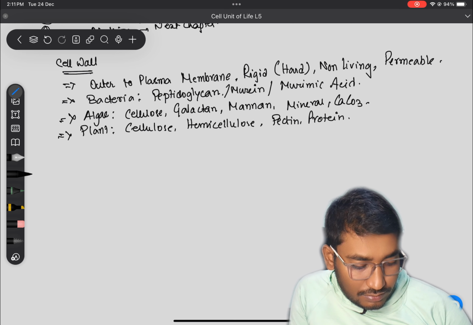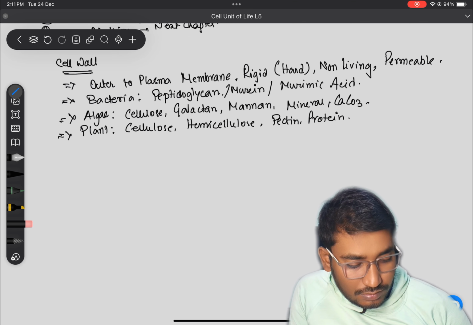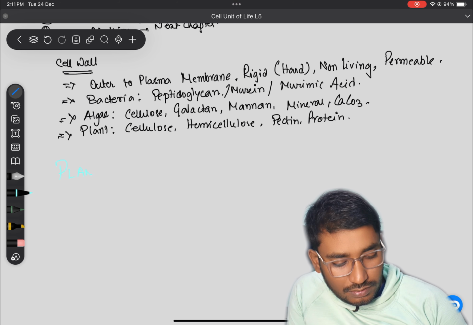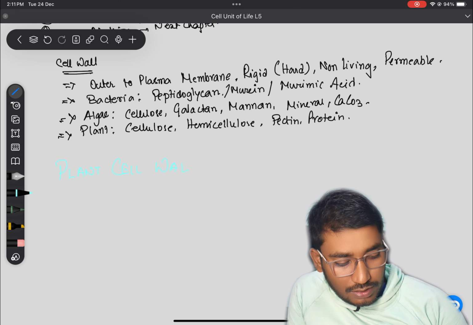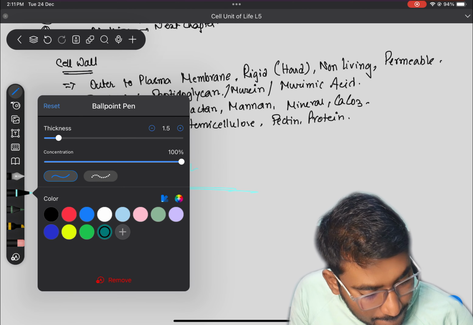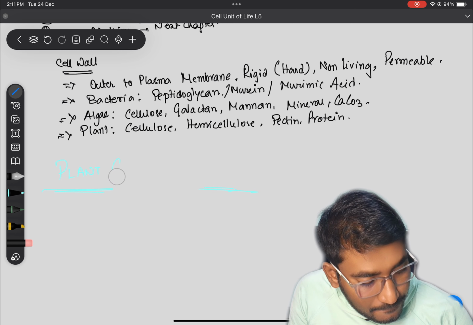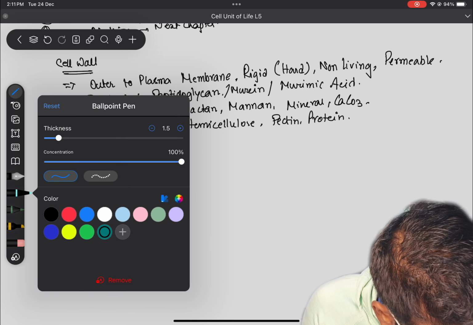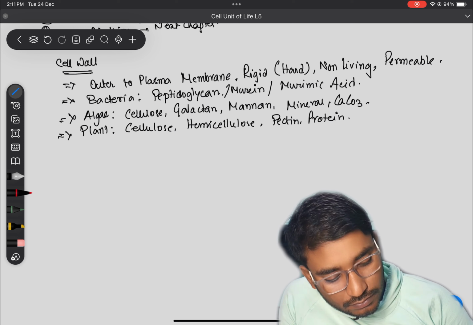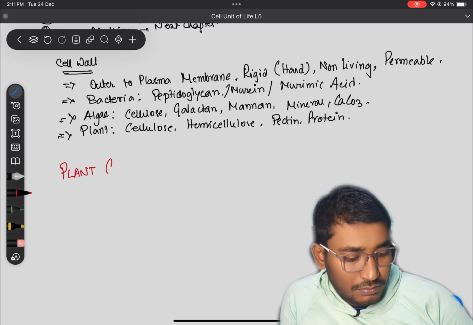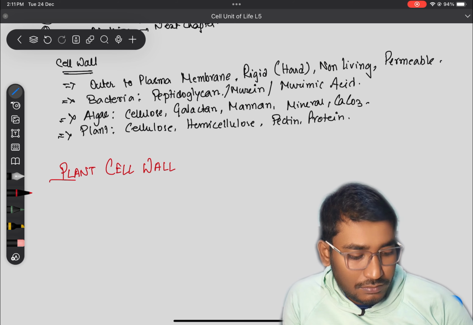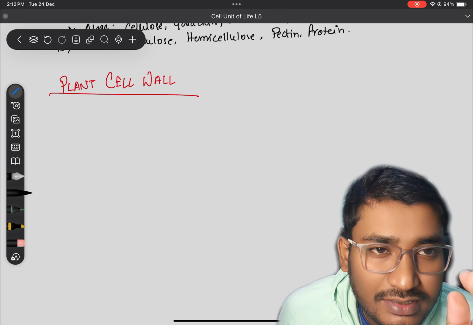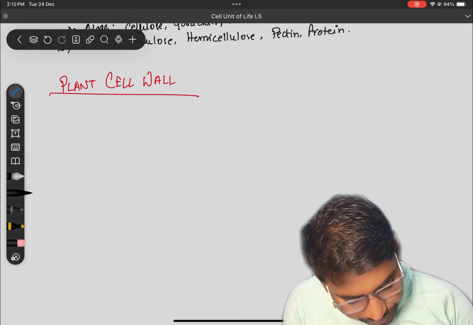Now plant cell wall. So in plant cell wall there are three parts: the primary cell wall, the secondary cell wall, and the plasma membrane.